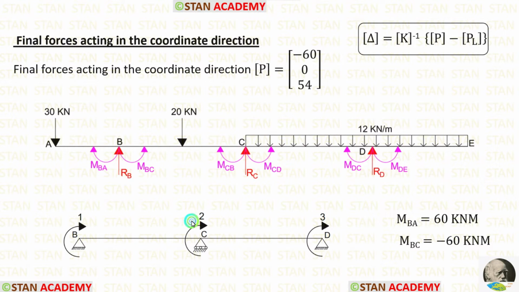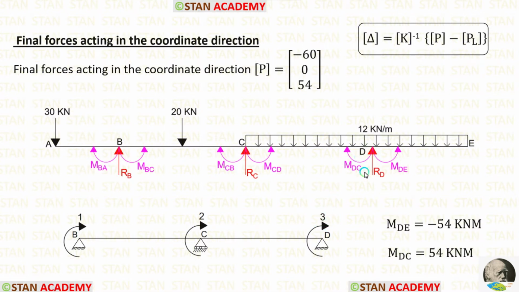Now let us take the second coordinate. In the second coordinate C, we did not find any moment. Due to the overhangings, there was no moment developed in the point C. So in the second coordinate, we have to enter 0. Now let us take the third coordinate.